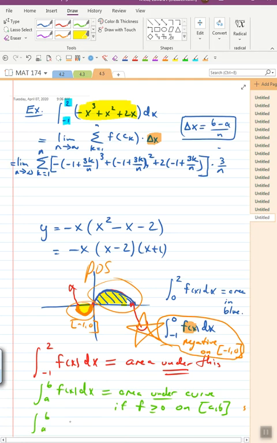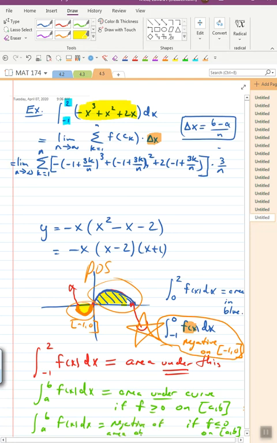Okay, what's going to happen if f is negative on that interval? Then you're going to get a negative value, right? And actually, wouldn't it be the negative of the area above the curve and below the x-axis?